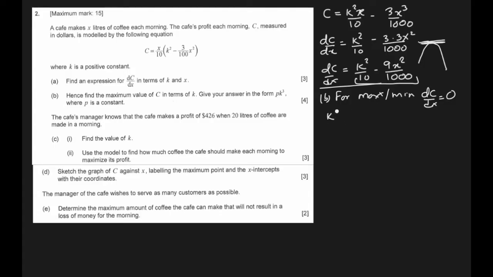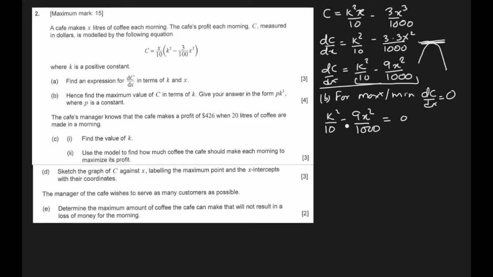Okay, so k square over 10 minus 9x square over 1000 has to be equal to 0. And what do we want? They want us to find c in terms of k. So this is not what they want. This will give us x, and we will use this x to find c in terms of k.